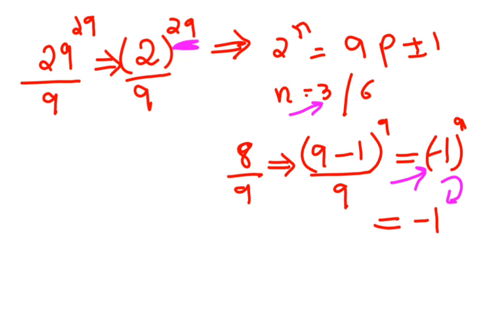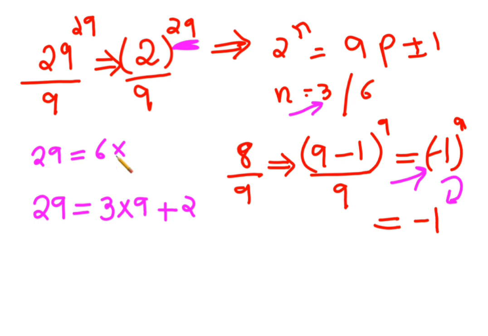Means if I wanted 29 in terms of 2 raised to 3, the index should be written in terms of 3, then this comes out to be 3 multiplied by 9 plus 2. This is something which everybody has to remember. Similarly, if I wanted this to be written in terms of 6, this would be 6 multiplied by 4 plus 5. Okay, I hope this is very, very clear to everyone.